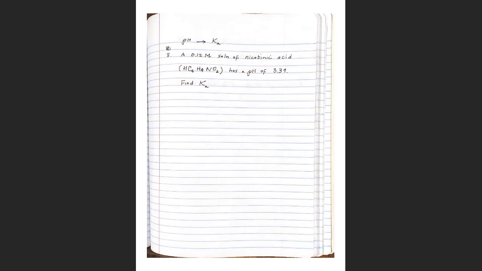I can figure out my magnitude of change from the pH by finding the hydronium concentration. Then by applying the stoichiometric ratios, which we would assume from the ionization formula of the nicotinic acid, we will find our respective equilibrium concentrations for both the reactants and products, and then we can find Ka from there.